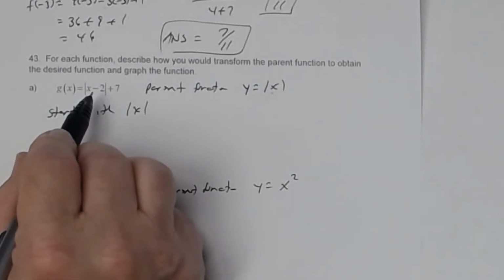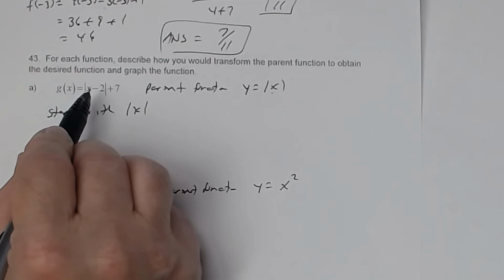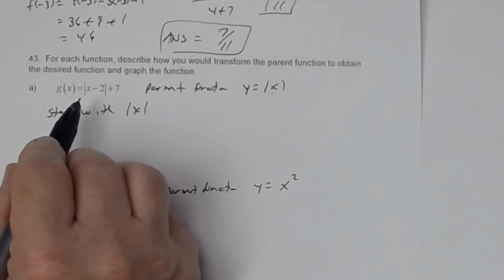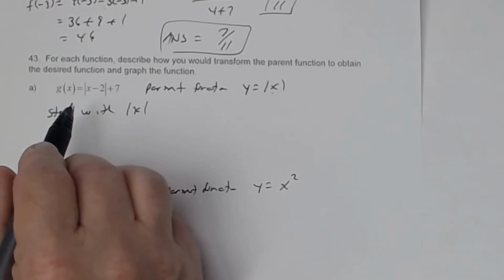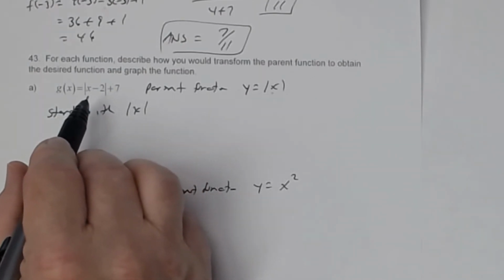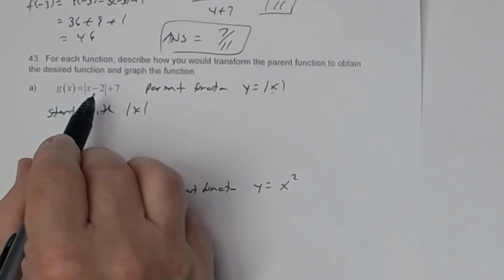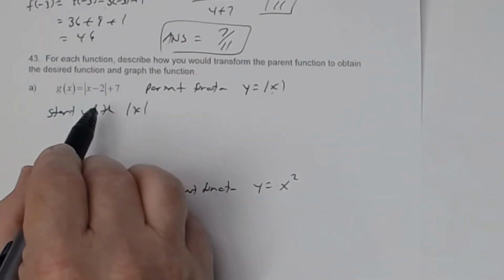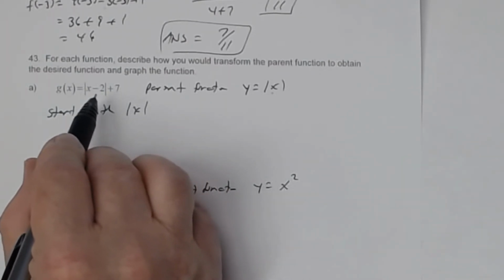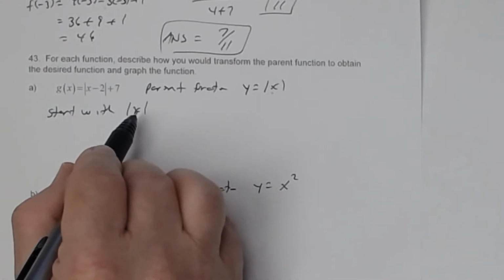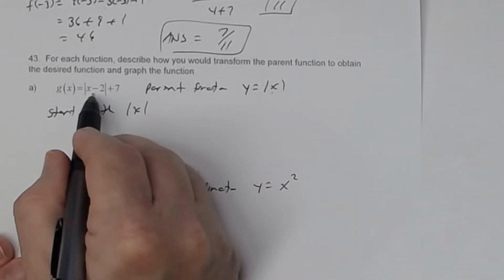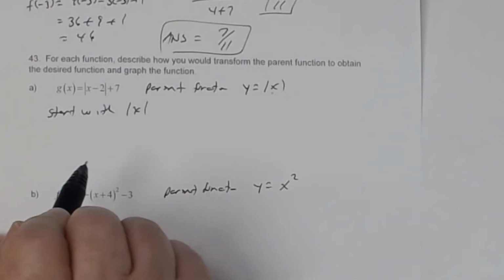Now, in the lessons, you learned that the horizontal translation is the hardest one to figure out because it's not intuitive. So you have x minus 2, but when we graphed x minus 2, it was really shifting, in this case, absolute value of x, shifting the parent function to the right 2 units, not to the left 2 units, but to the right.